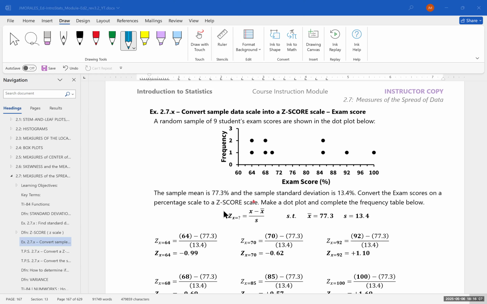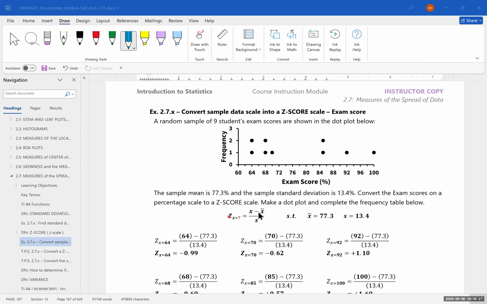So, we're going to take values of x, and values of x are the datums in our random variable. Our random variable is exam score. So each of these dots represents a datum in that data set.